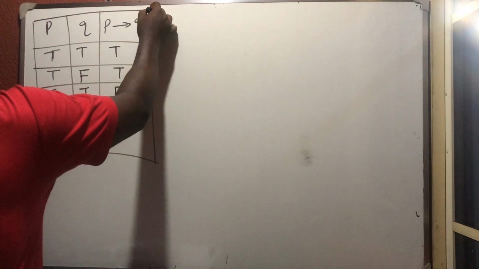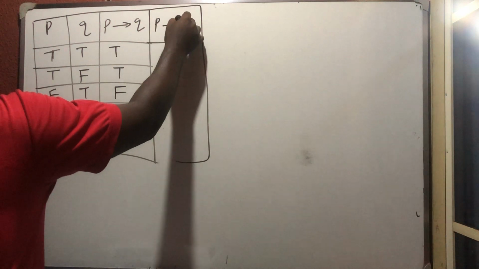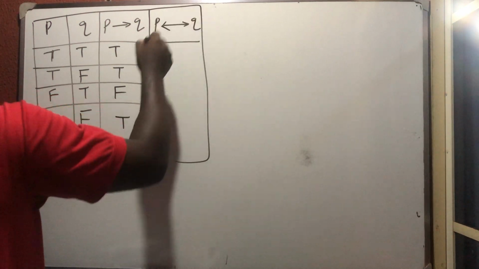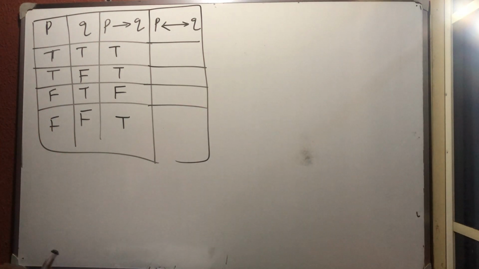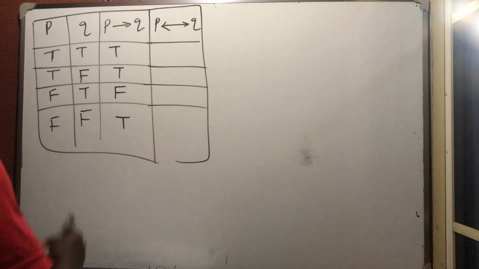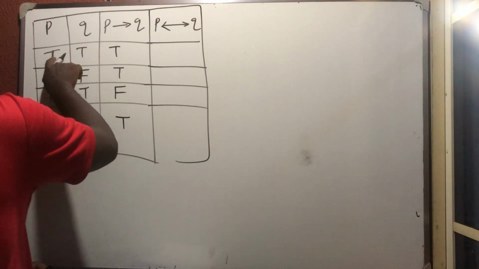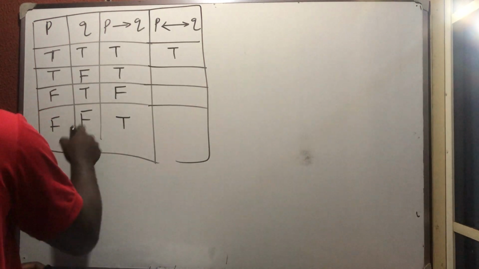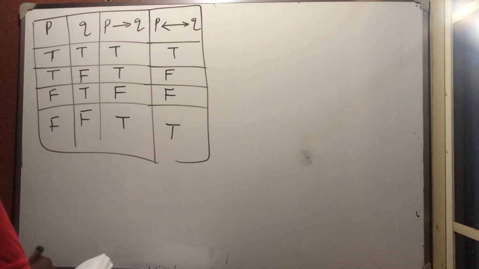For contraposition, look at how we represent it. We present it like this: P, with the arrow facing both ways, two of them. For contraposition, it is simply only true when both of them are the same. That's the only difference between this one and this one. In this one, it is true when both of them are the same. So these two are the same, true. If not, it will be false. So you will take note of that.